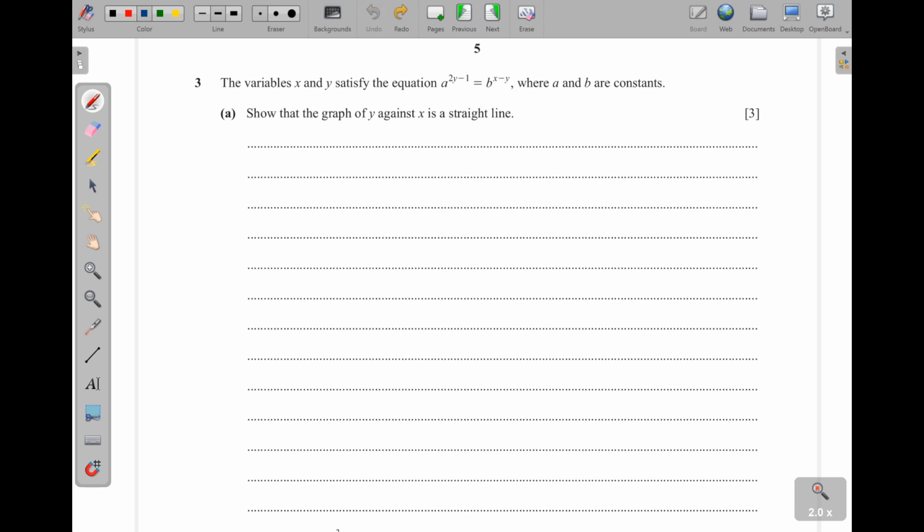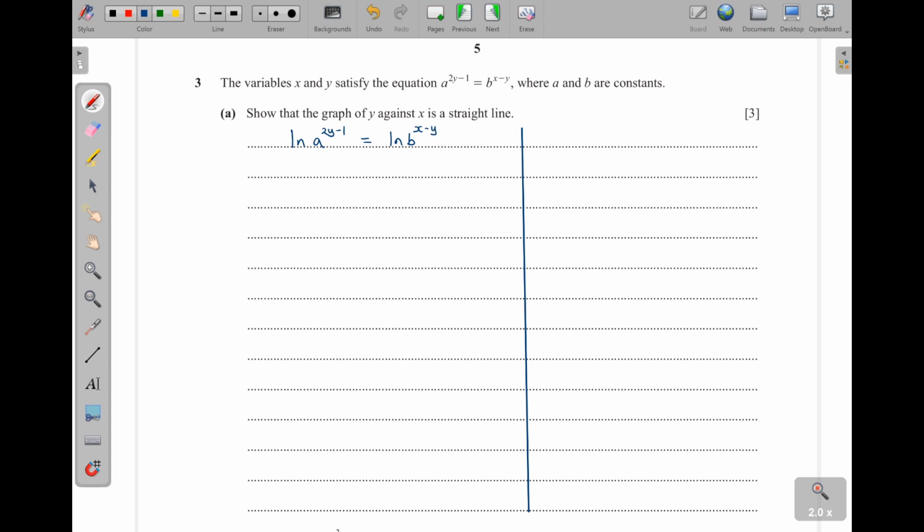There are two ways I can do this. I can first use the rules of indices, then introduce logarithms, or I can introduce logarithms straight away. So let's see. If I introduce logarithms straight away, this will be natural log of a power 2y minus 1, equal to the natural log of b power x minus y.